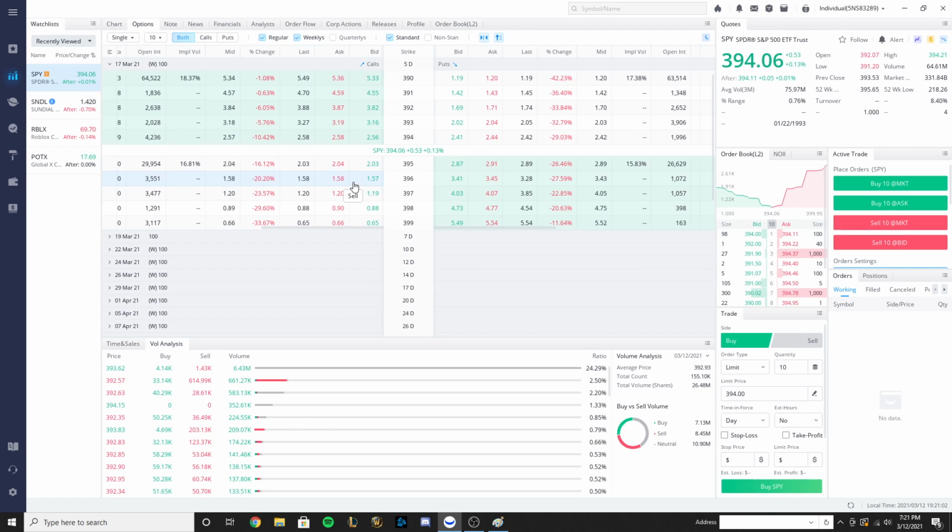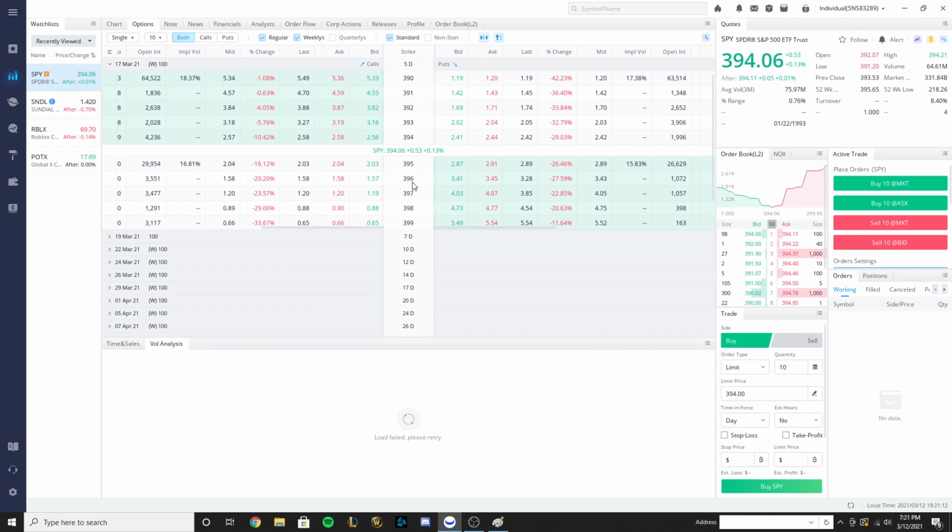So let's say that in 5 days, on March 17th, today's date is March 12th, you think the price is going to be exactly $3.96. So you're going to sell the call and the put at the $3.96. So selling the call would be $157 and selling the put would be $3.45.